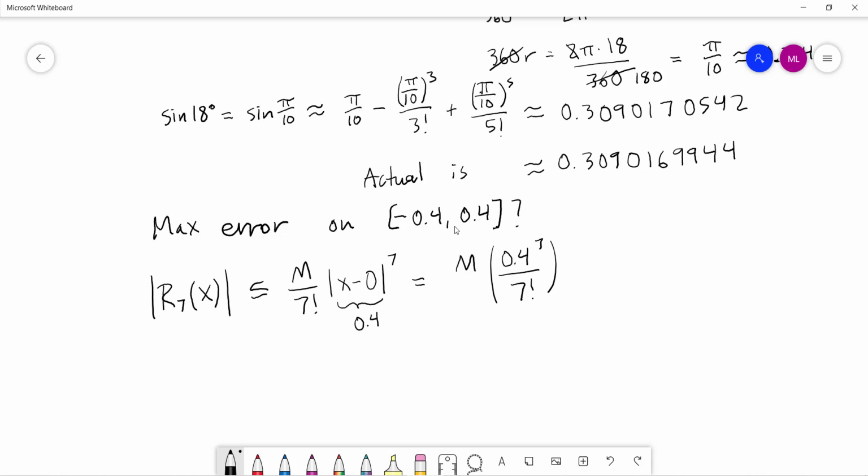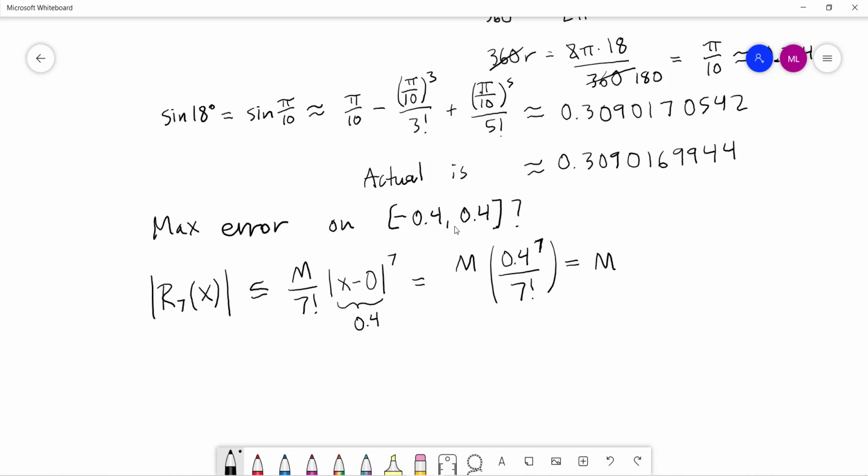If we plug that into the calculator, 0.4 to the 7th, divided by 7 factorial, I get a tiny, tiny number.